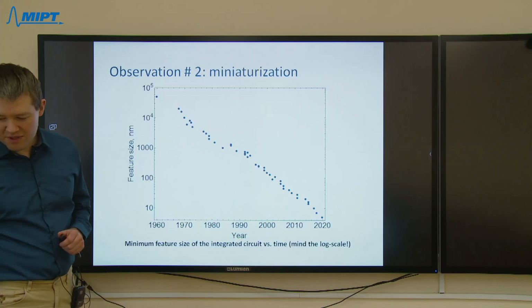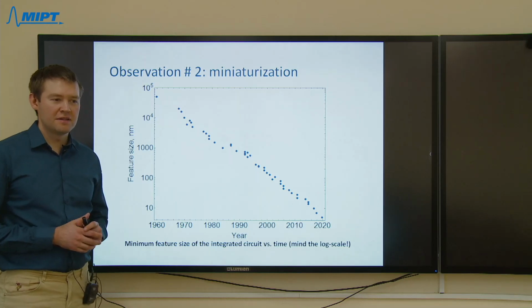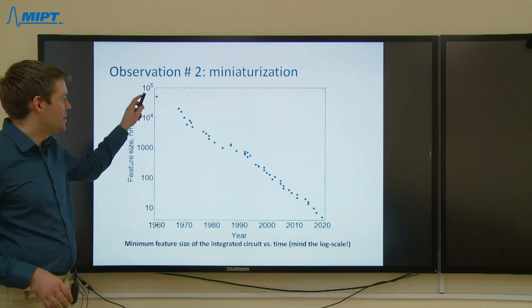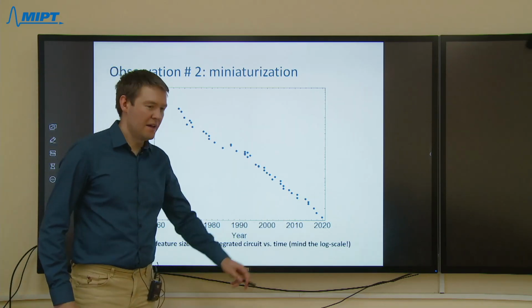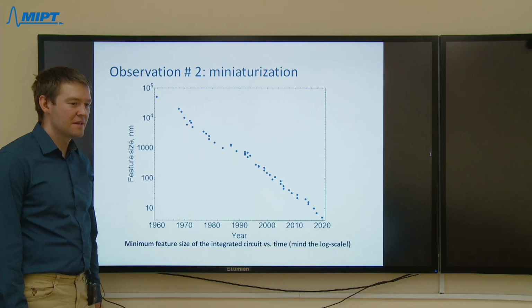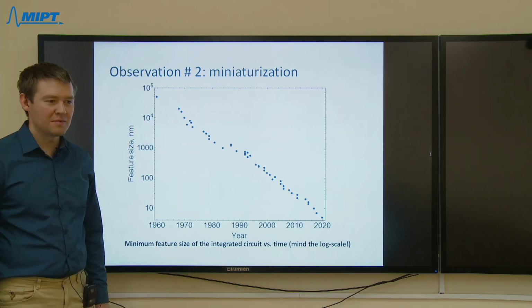And the second observation is that the sizes of electronic devices used in contemporary circuits are going down and down with time. This observation continues till the current years, and the characteristic feature size is also going down exponentially.